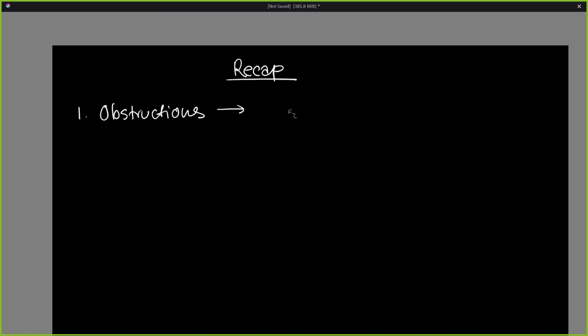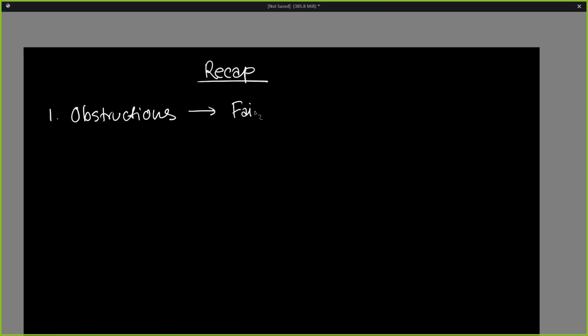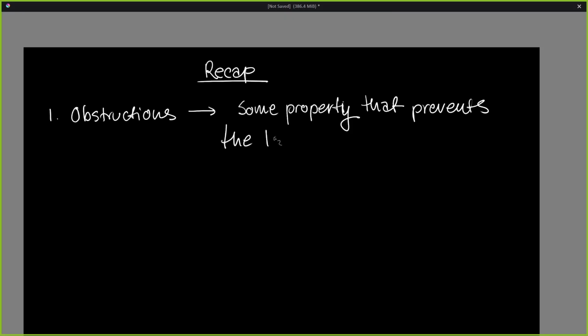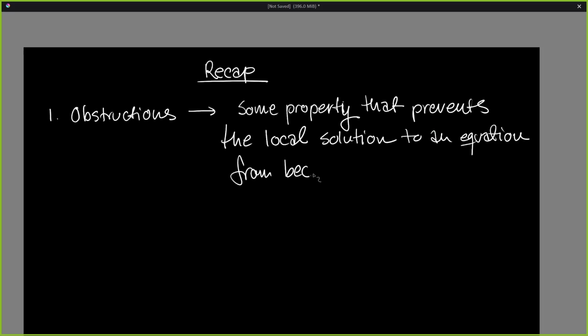We said that obstructions are failures of some property, the cohomology groups in this case, some property that prevents the local solution to an equation from becoming global, or from patching into a global solution.